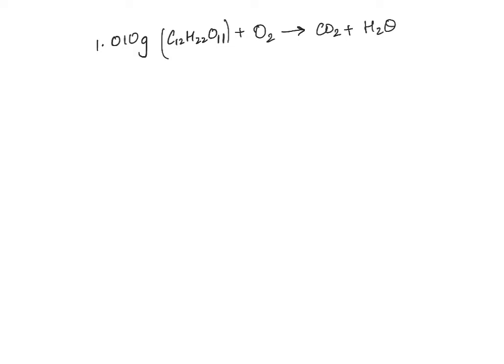Let's say 1.010 grams of glucose was combusted in a calorimeter, and it resulted in a rise of temperature from 24.92 Celsius to 28.33 degrees Celsius.